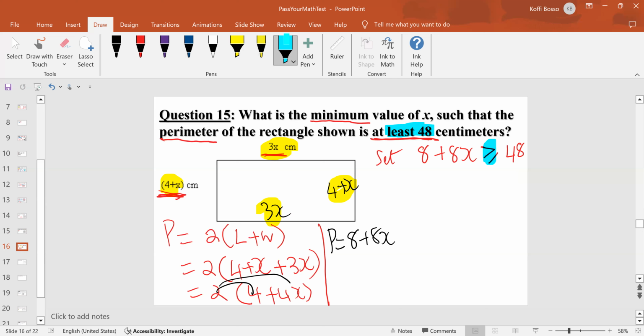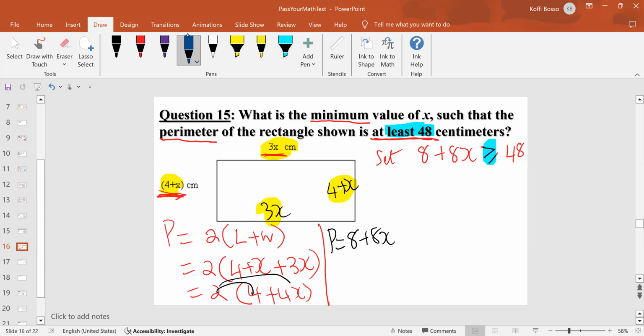So the minimum value here is 48. It's not less than 48. No, it's greater than or equal to 48. So if I need at least $48, that means it could be $48, 49, or so on. But if you give me something below 48, this doesn't satisfy the request. So that's the inequality we set.